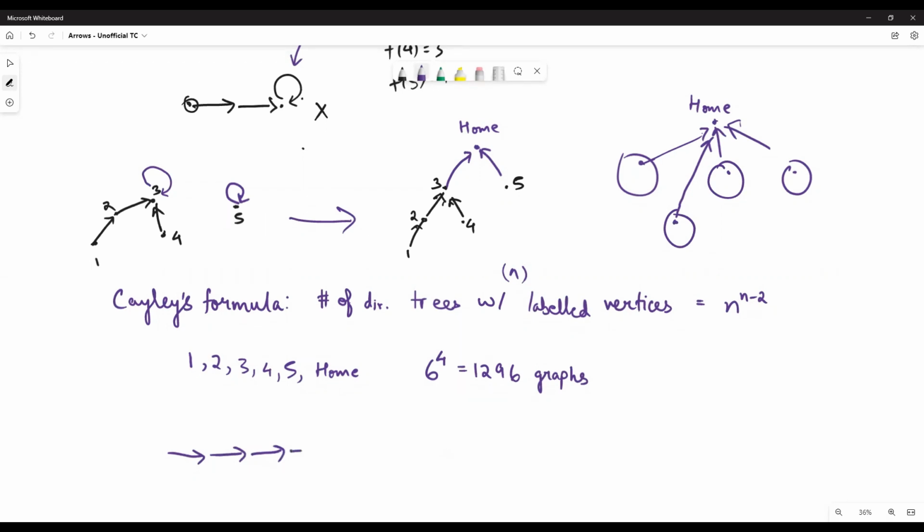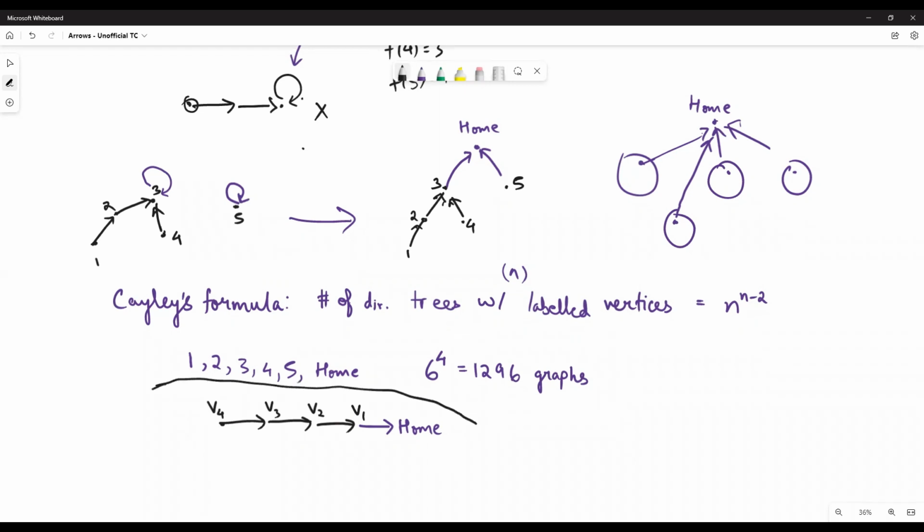And this goes to home. Suppose V1, V2, V3, V4. So graphs containing this type of long chain wouldn't work.